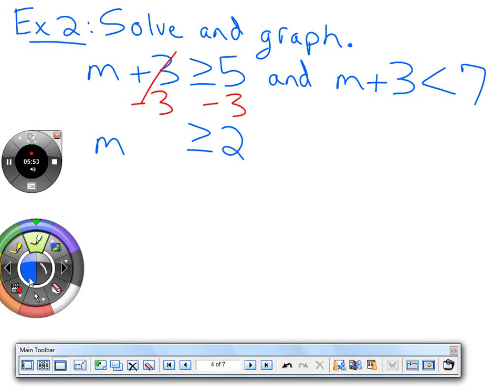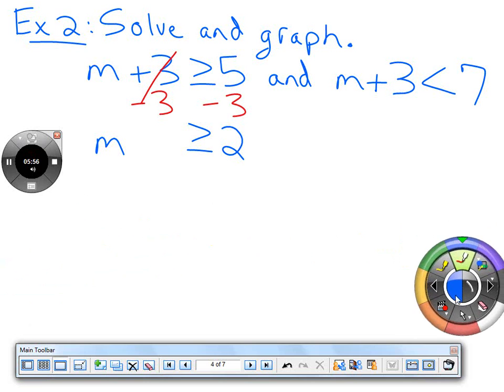And then we're going to come over here to the right, and solve for m. They're usually just little easy inequalities to solve. So we subtract 3 from each side there. So m would be less than 4. And then there's a little and in the middle, so I'll just write that below.